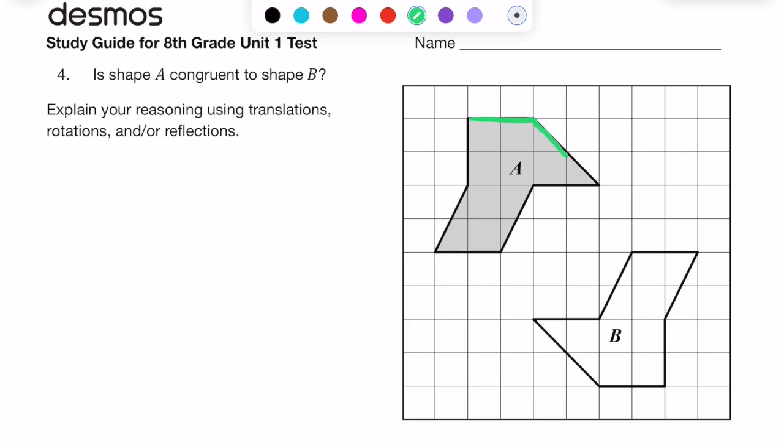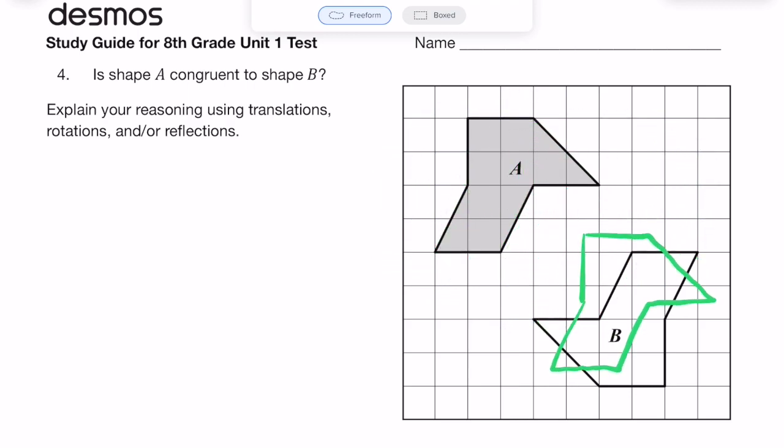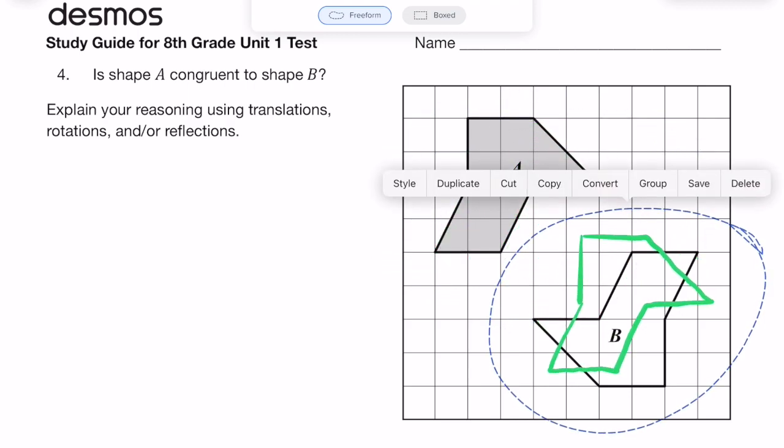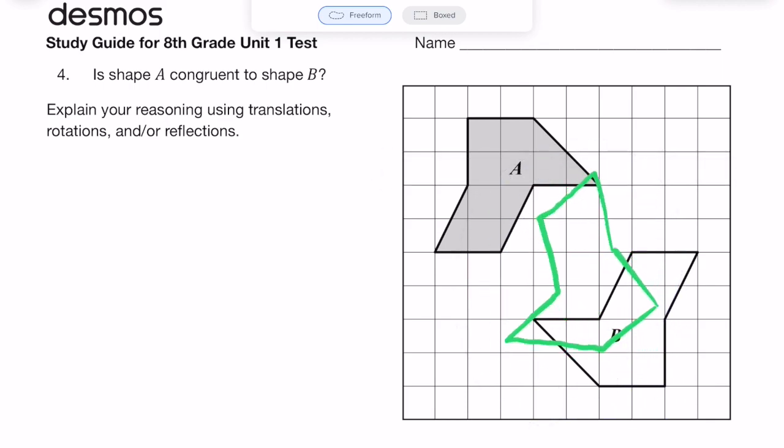So I encourage you to use it on the test, and when you take the MCAS and everything, you'll have access to it. Okay, it's a really good tool. So we can take it, and then we would need to spin it around. Okay, obviously it shouldn't change size, but there we go. So it looks like it perfectly matches up.